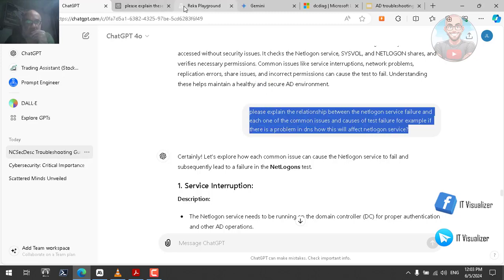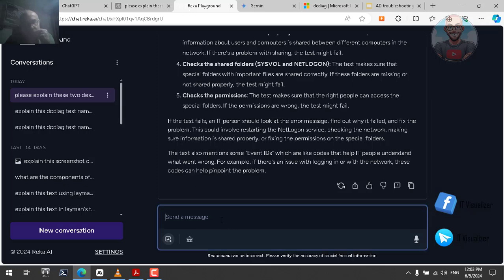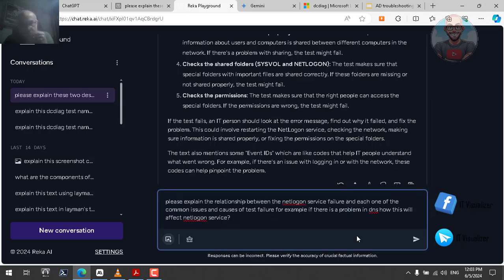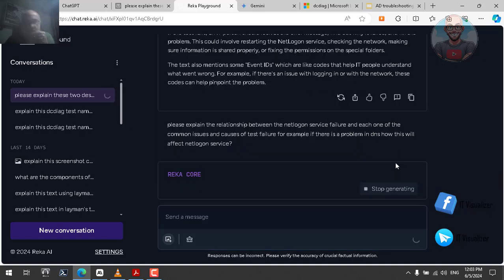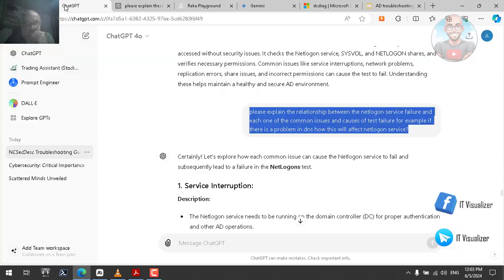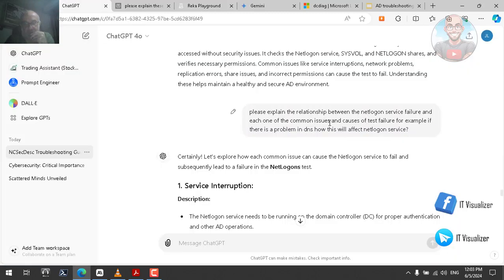Copy, and then let's see the answer. Until it finishes, let's go and ask ChatGPT to provide a real-world example, just to clarify it more.